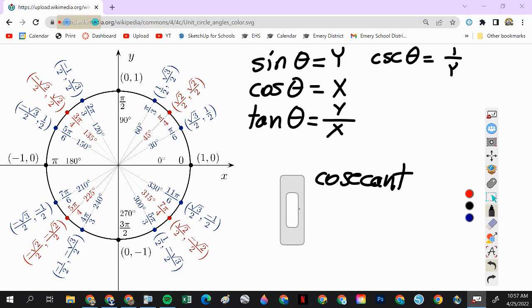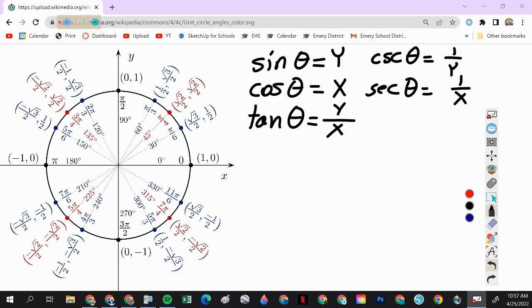The next one is called the secant, and it is abbreviated SEC, and it is simply the reciprocal of the x value. And then the last one is the cotangent, which is the x value divided by the y value.